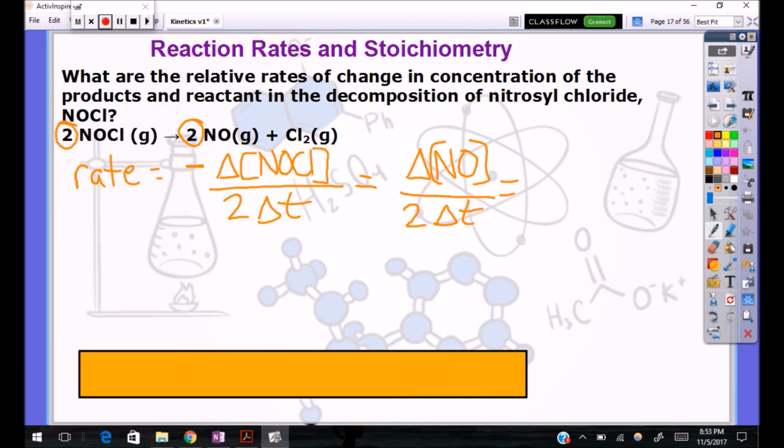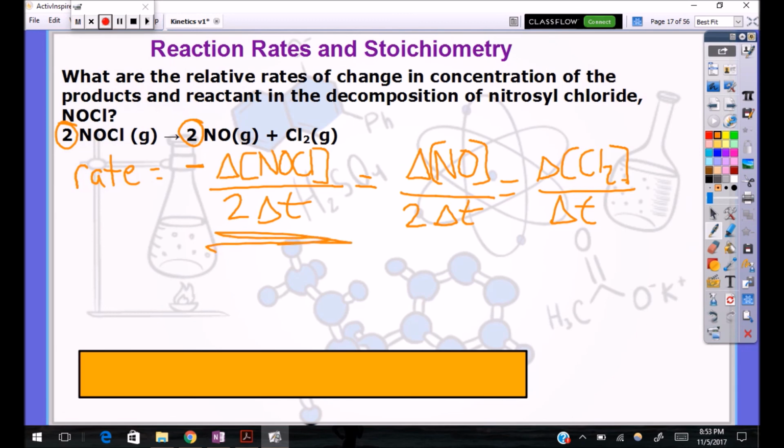Now that is also equal to the change of concentration of my chlorine gas. Now this one only has a coefficient of 1, so we've got delta T. Okay, so if we were to express the rate for this reaction, any of the three would be valid.